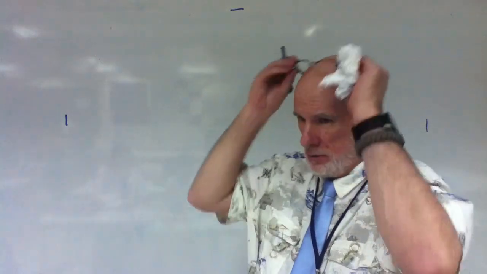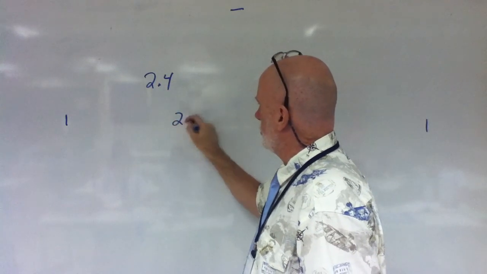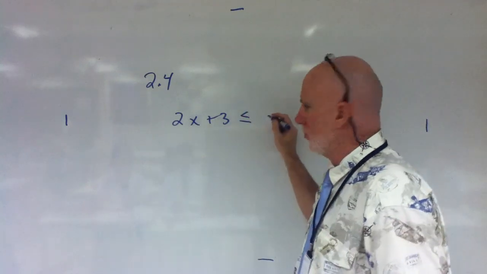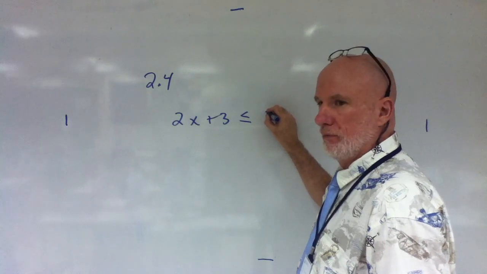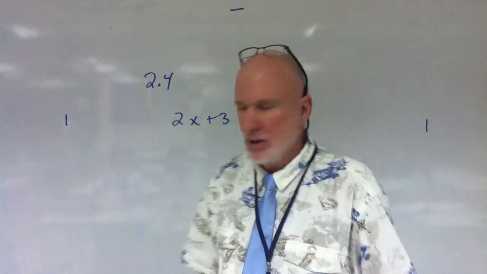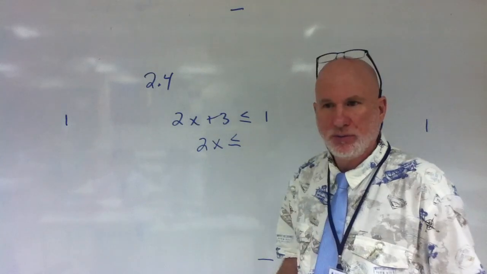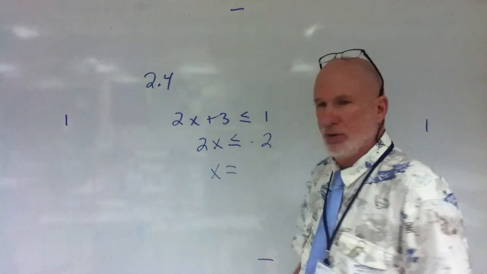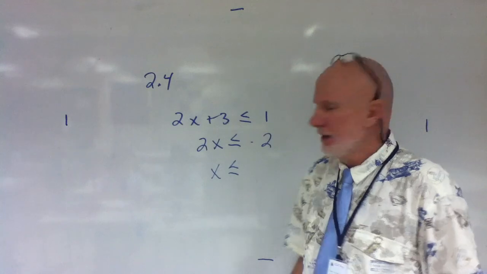Section 2.4 was 2x plus 3 is less than or equal to 1. So solving for this, 2x is less than or equal to minus 2, and x would be less than or equal to negative 1.